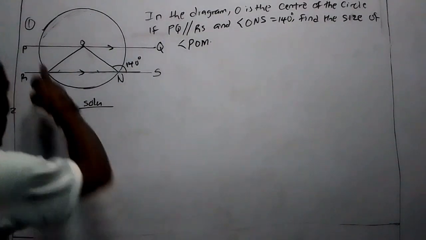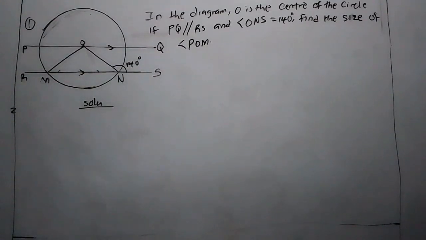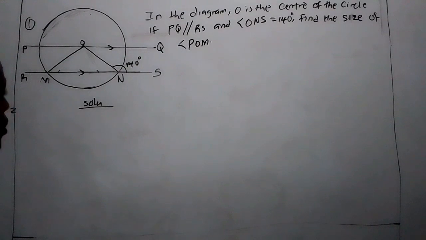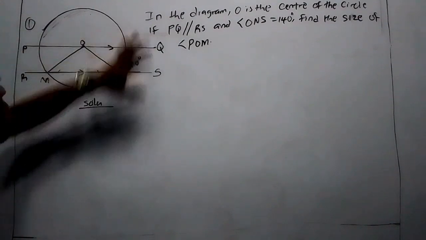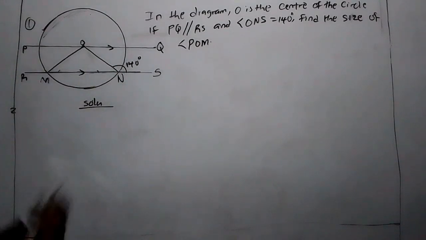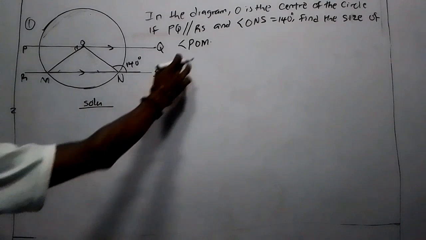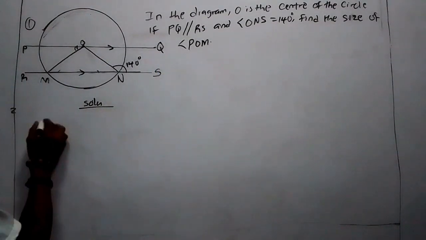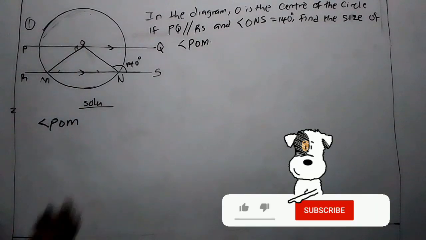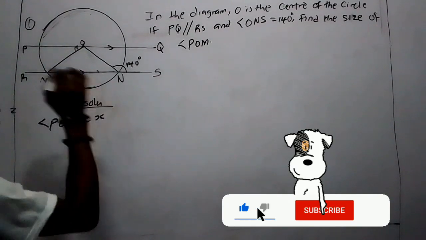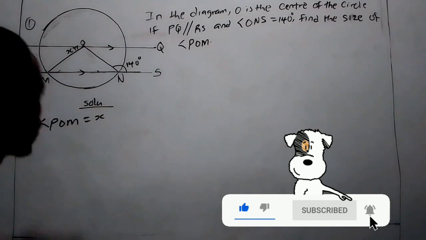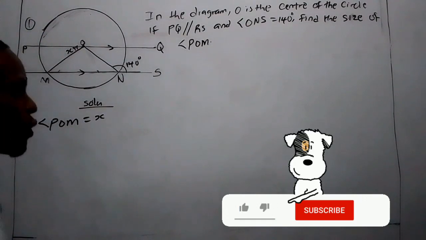When you have this one parallel to this, we want to find the angle POM, which is the angle at this place. So let's say this angle here is S degrees. We want to calculate our angle S.